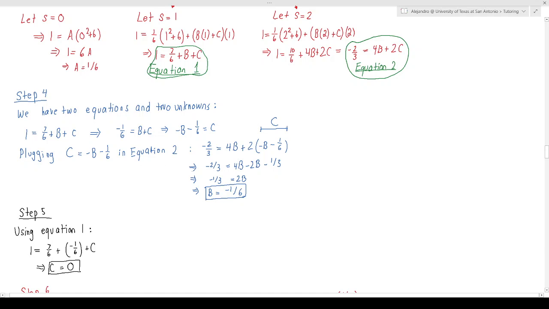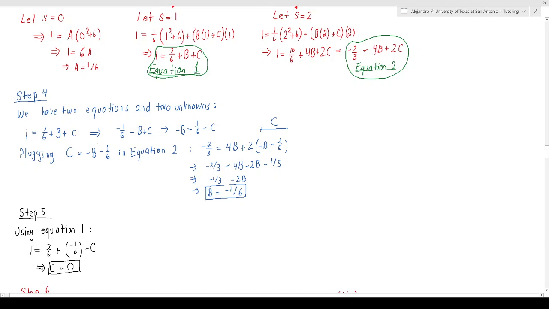And after a couple of lines of work, we end up with b is equal to negative 1 over 6. First of all, we use equation 1 to solve for c. So we have that c is equal to negative b minus 1 over 6.